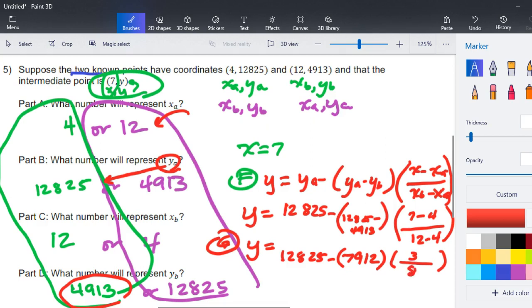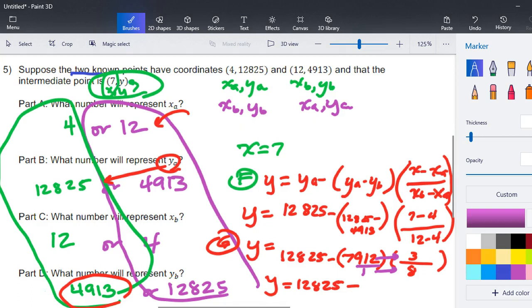So now, order of operations says if I can multiply or divide, I should do that next. This is a minus. It's going to come at the very end. So I'm going to put these together by multiplying top times top and then dividing by 8. So I'm grabbing my calculator and I have 7,912 times 3 equals.